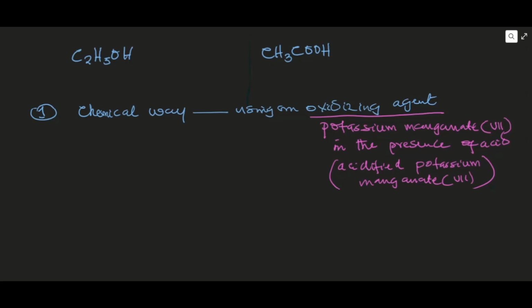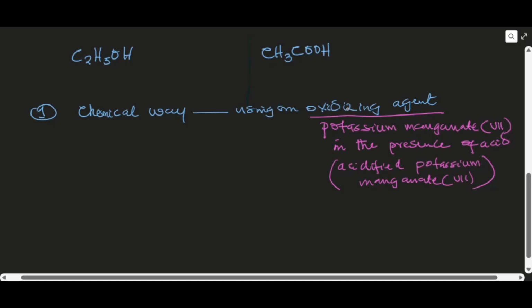What the IGCSE needs from you in this reaction is to be able to write the ionic equation for this reaction and then to be able to indicate the color change, because the color change will let you know that the ethanol has actually undergone oxidation. So let's write the ionic equation. Remember, potassium manganate(VII) is written as KMnO4.